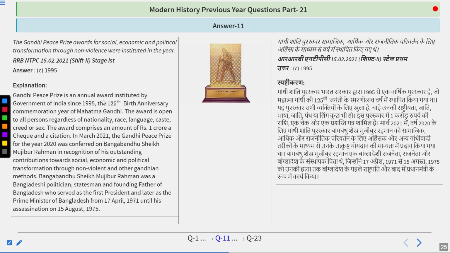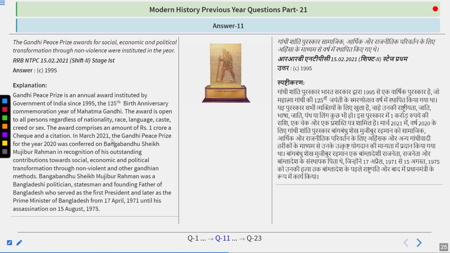The Gandhi Peace Prize is an annual award instituted by the Government of India since 1995, the 125th birth anniversary commemoration year of Mahatma Gandhi. The award is open to all persons regardless of nationality, race, language, caste, creed, or sex. The award comprises an amount of rupees 1 crore, a cheque, and a citation.